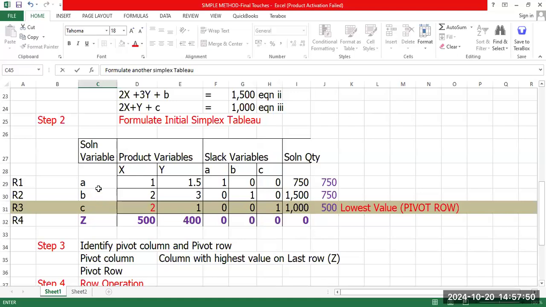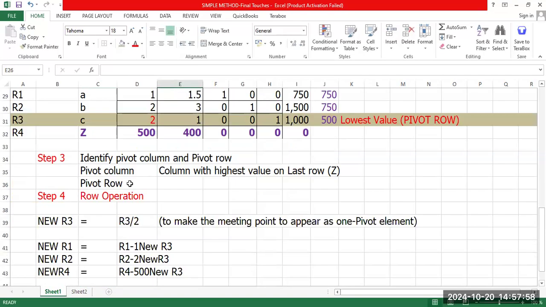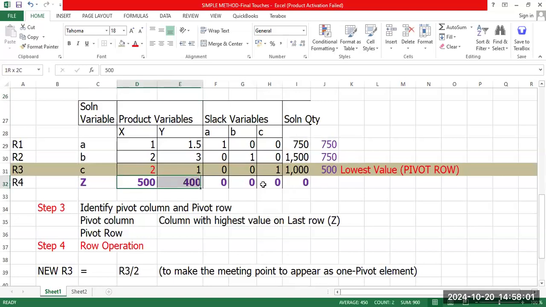Why? Remember, as you solve using the simplex method, you started with an initial table with the positive values here. Your aim is to make sure that the last values on your final table appear as negative values or 0 values.